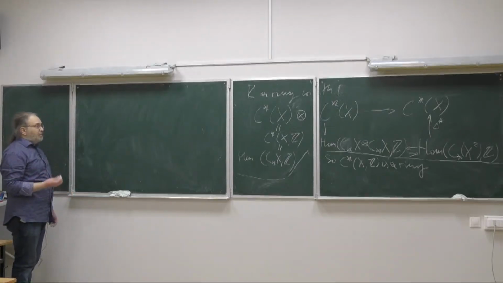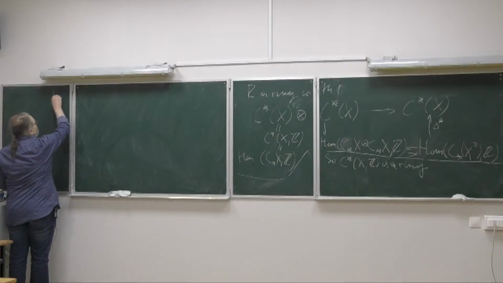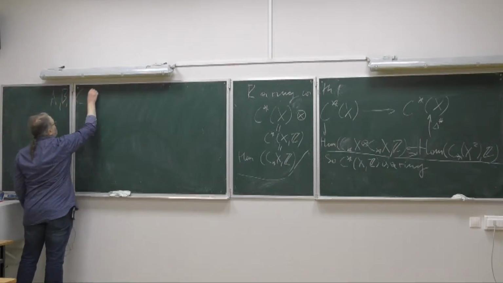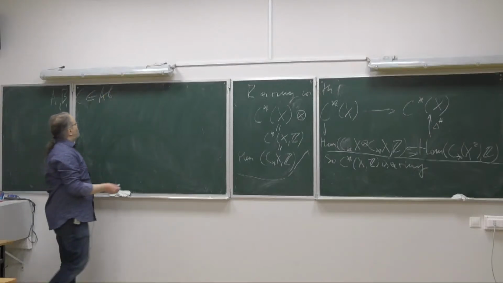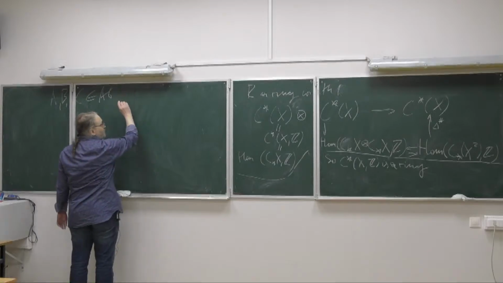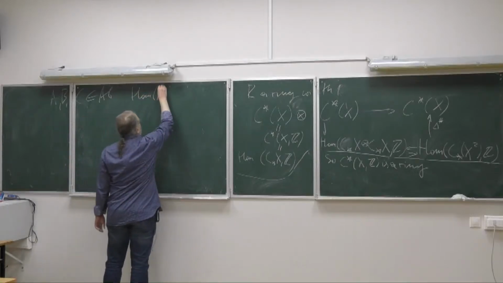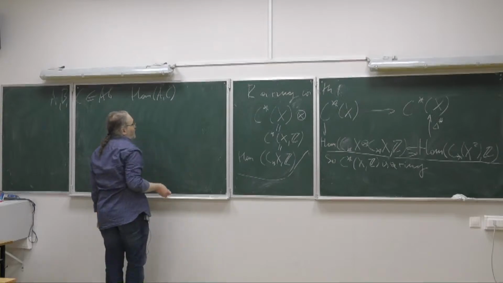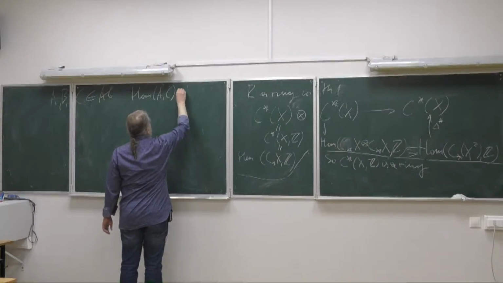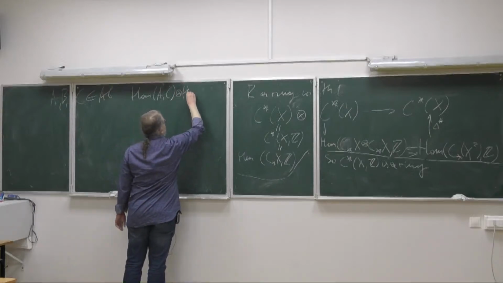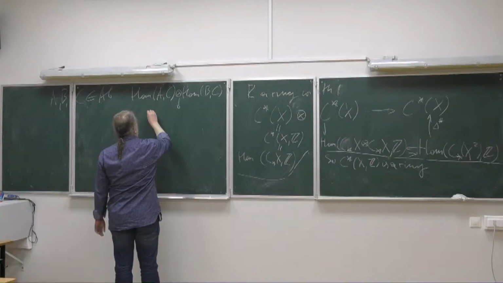Okay, let me explain what happens for abelian groups. Suppose A, B, C are abelian groups. Then I have a map from Hom(A, C) times Hom(B, C) to Hom.